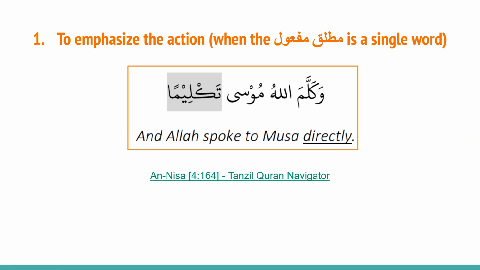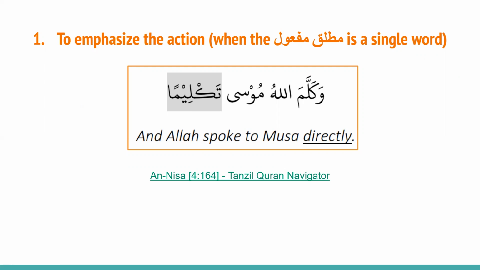So over here, it is emphasizing that Allah subhanahu wa ta'ala spoke to Musa not by inspiration or by any other means, but like a kalam, like actual speech, directly. Allah spoke to Musa directly.